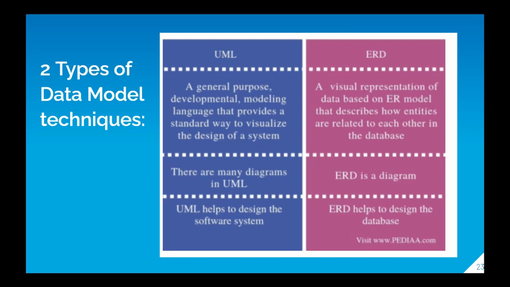Okay, but for our course we are going to focus on the ERD, or what we call entity relationship diagram. Okay, so as you can see, you have there the comparison of the 2. Alright, so ERD is a diagram, of course, and then you have the UML, which contains many diagrams. Alright, so again, we are going to focus on the ERD for our course.